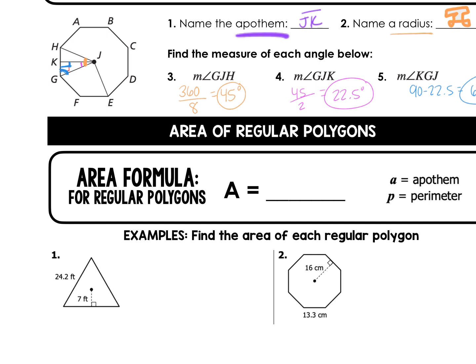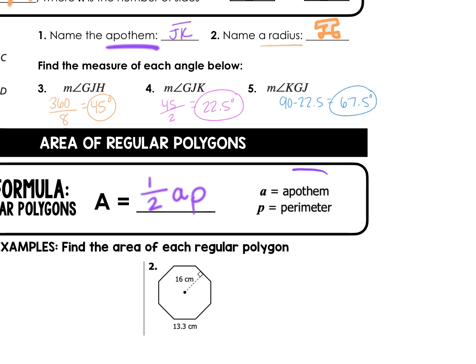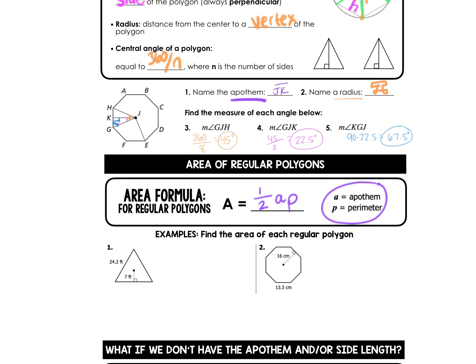And when you add all the areas of those triangles together, you come up with the fact that the best way to find the area of these shapes is to take half times the apothem times the perimeter. That just adds the areas of all those triangles together. So the important measurements that we need to have are the apothem and the perimeter. And if we don't have those, we have to go through the process of finding them, which we will talk about as this lesson goes on.